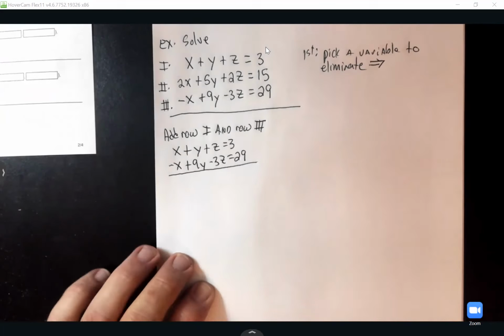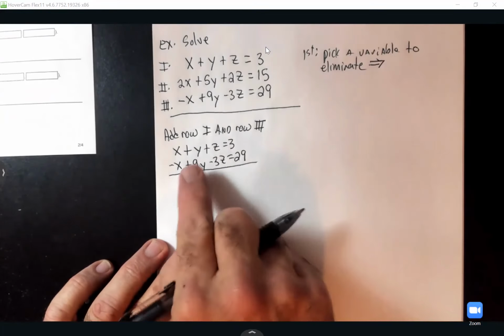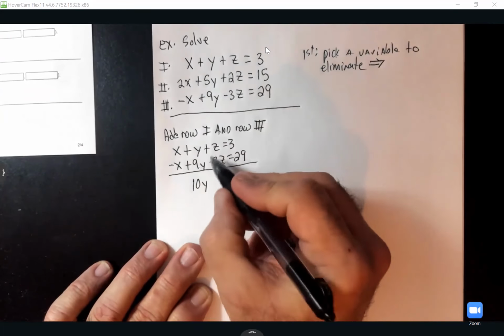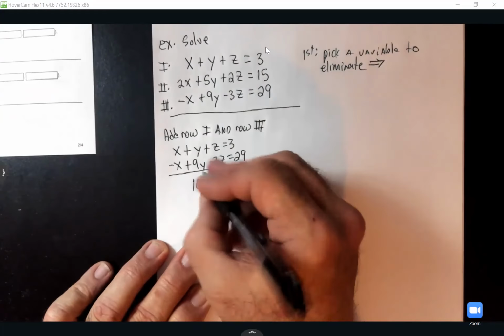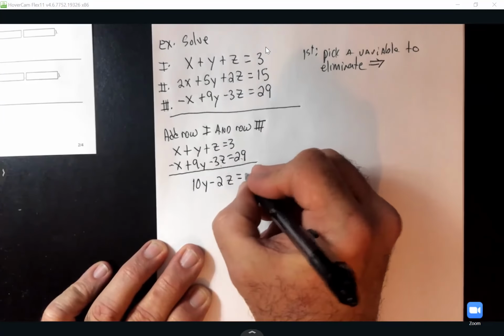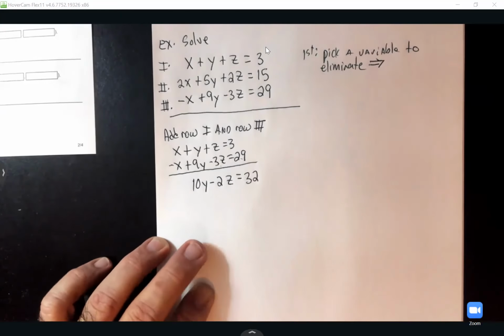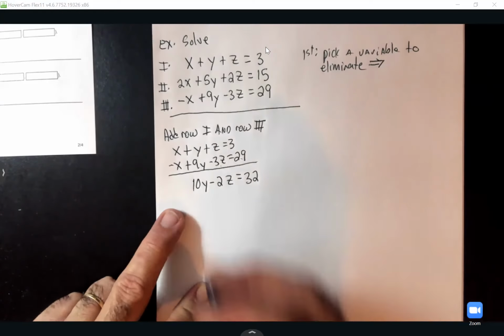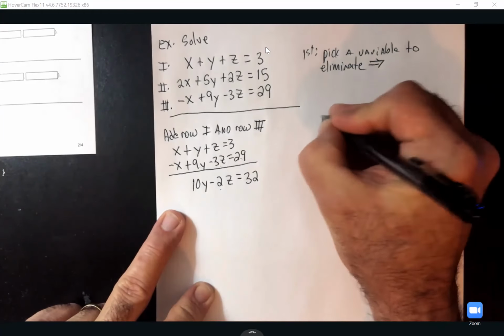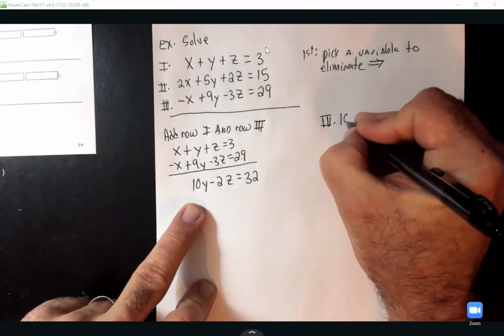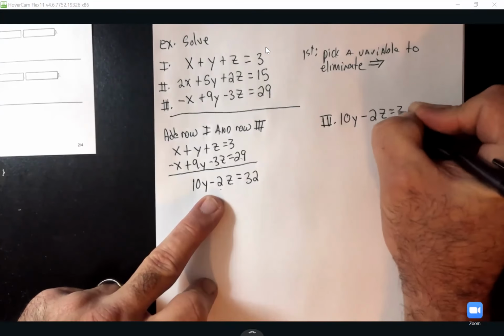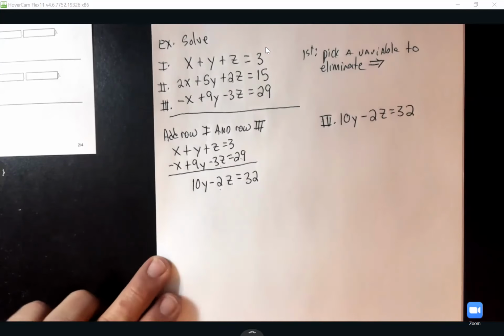So let's add them together. The x's cancel. 1y and 9y give you 10y. 1z minus 3z gives you negative 2z. And then 3 plus 29 give you 32. So that is going to be our equation 4. So over here, my equation 4 is going to be 10y minus 2z equals 32.